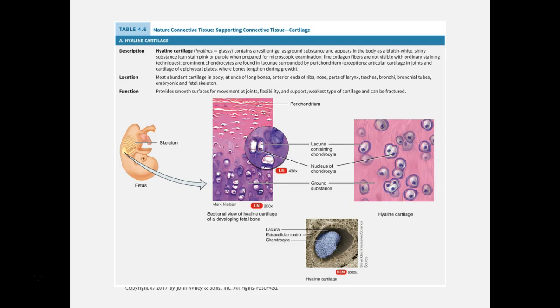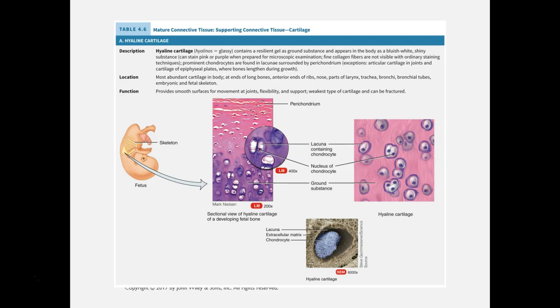To distinguish hyaline cartilage, you look for that glassy looking matrix. Again, the fibers found within are very, very small, very fine collagen fibers that are usually not visible. This is the most abundant cartilage in the body. It's found at the end of our long bones, also on the anterior, or the front part, of the ribs where they attach to the sternum.